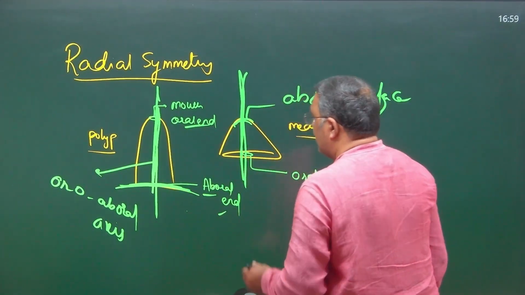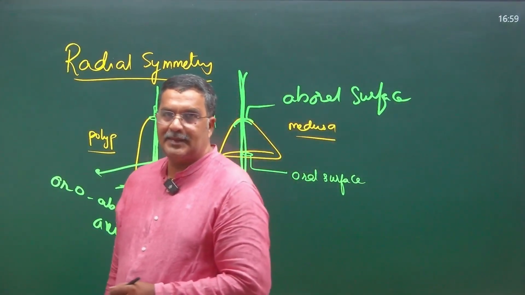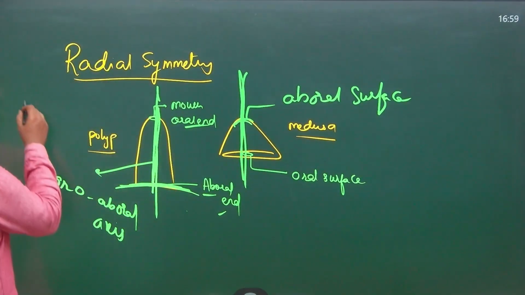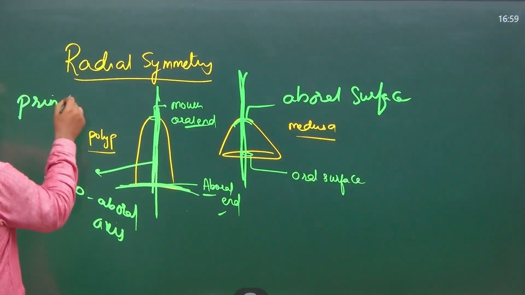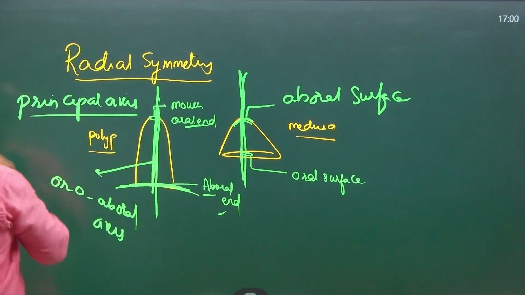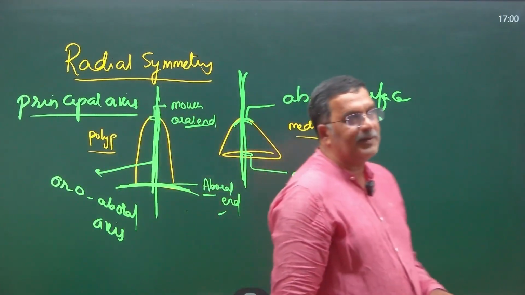So, in the polyp and in the medusa, we recognize the oroaboral axis. You can take polyp or medusa. In a future chapter I will explain both polyp and medusa.